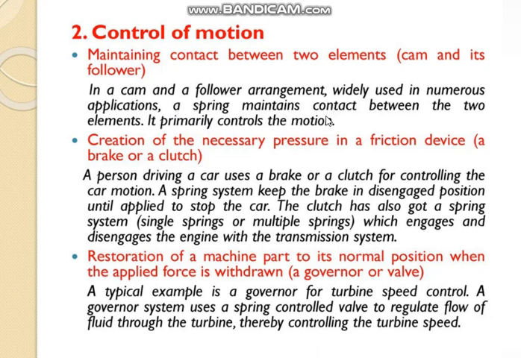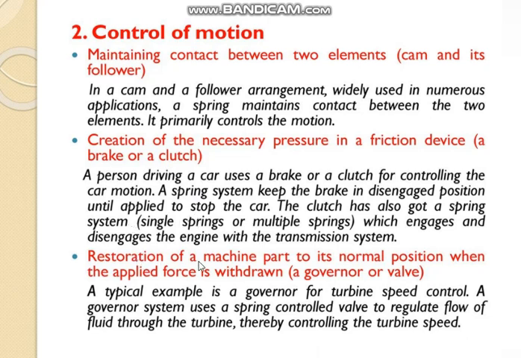They maintain contact between two elements and they control the motion. Also, as I told you just now, in brakes and clutches, for creation of necessary pressure in a friction device, they are used. These two are friction devices, brakes and clutches.